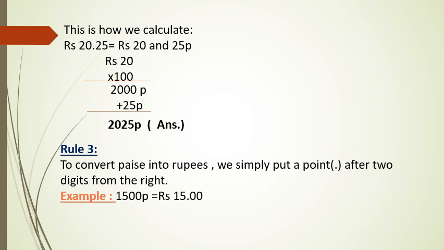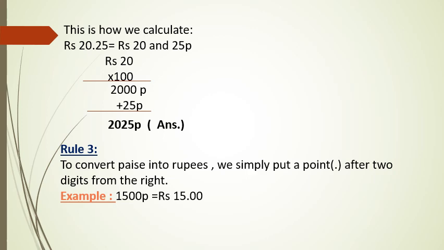So here rupees 20 into 100. So this will become 2000 paise. And now we are going to add 25 paise with 2000 paise. So it will become 2025 paise. So the answer of this sum will be 2025 paise. Do you understand, girls?